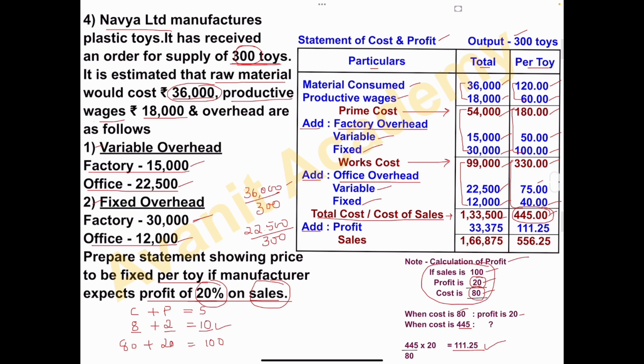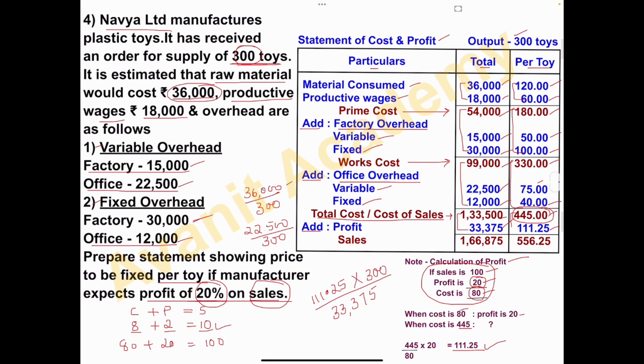Write the per toy column first: 111.25. To get the total profit amount of 300 toys, what we have to do? 111.25 into 300. 33,375 is the profit amount of 300 toys.